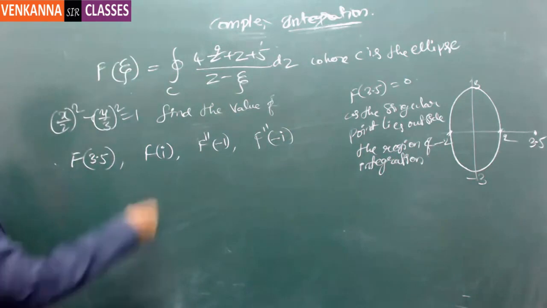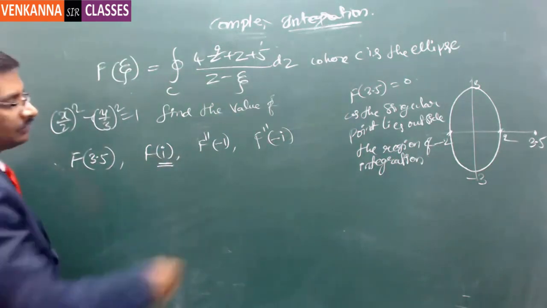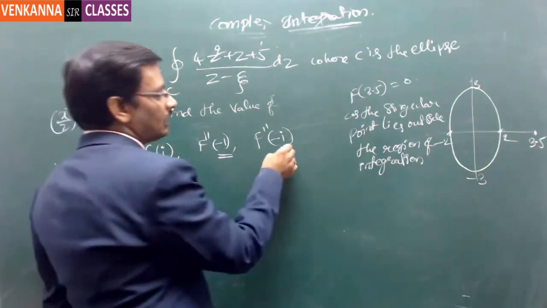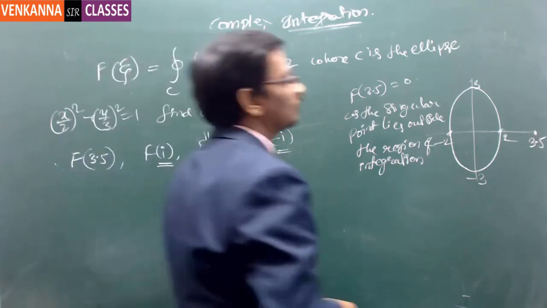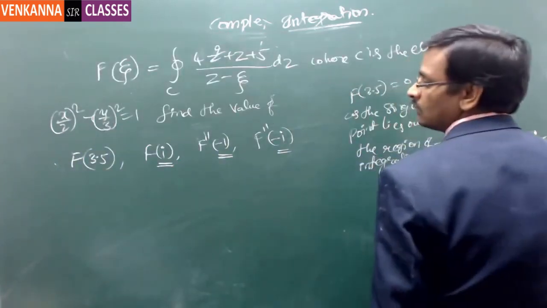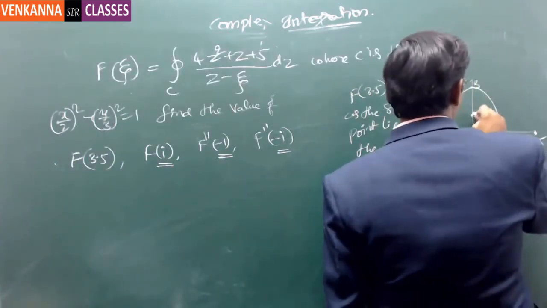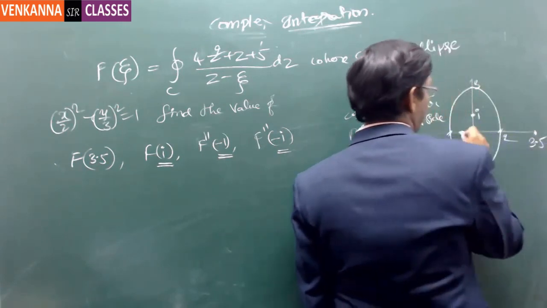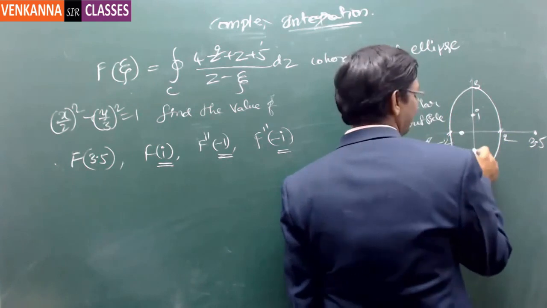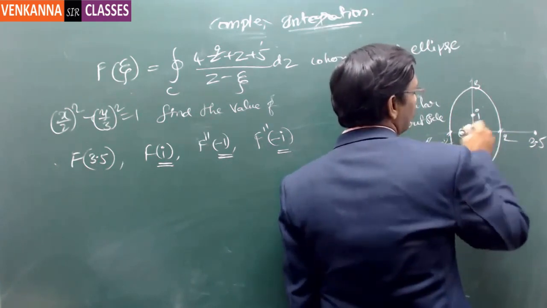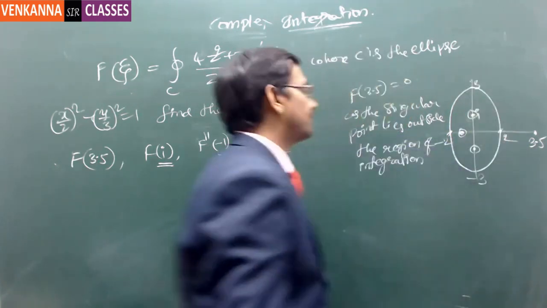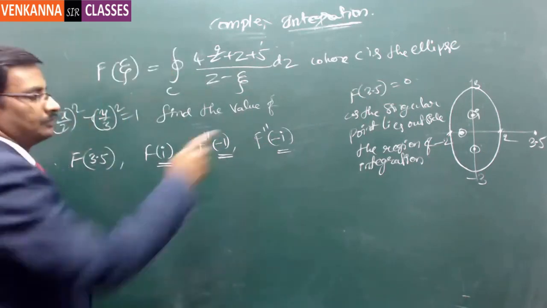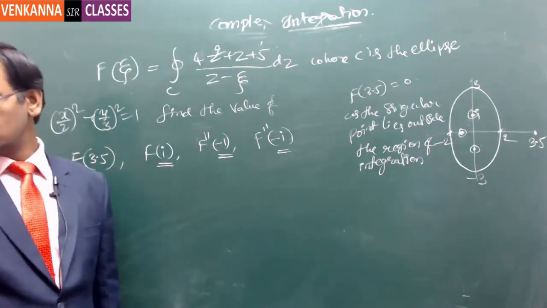And the second part: f of i, f of minus 1 and f of minus i. So f of i is here, f of minus 1 is here and f of minus i is here. Now all the singular points are within the region of integration, in all three cases. Got it?